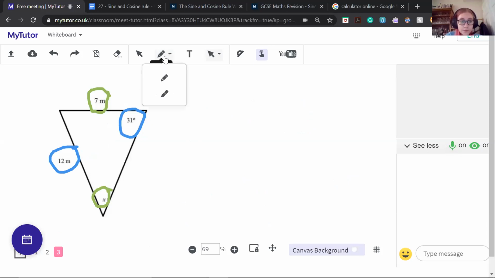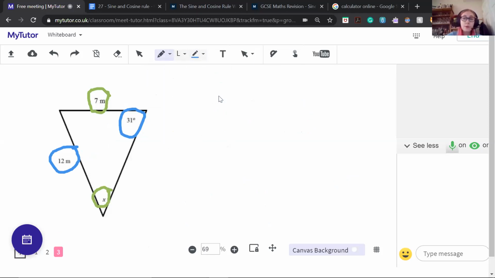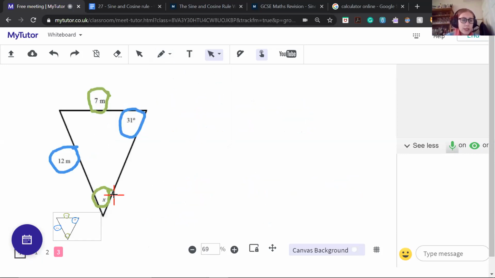So then what we do is we choose whether we want the angle on top or the side on top. That's just choosing between whether we're going to write it like this or we're going to write it like this. They're identical. It doesn't matter at all. We're just going to choose the one that's easier for us. So because the x that we're looking for is an angle, we're going to choose the one where the angles are on top. So the sine of the angles.